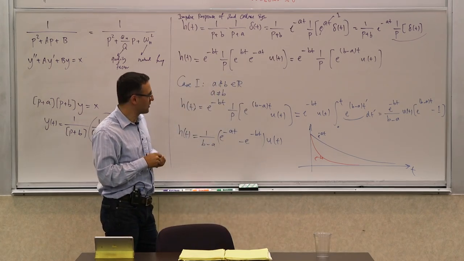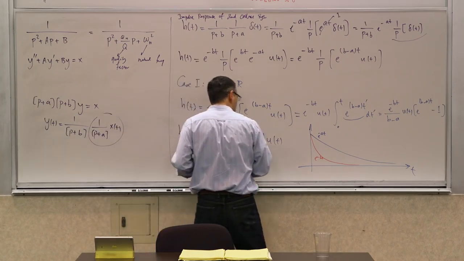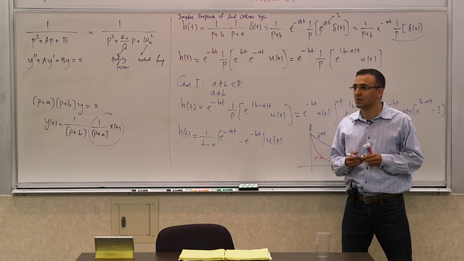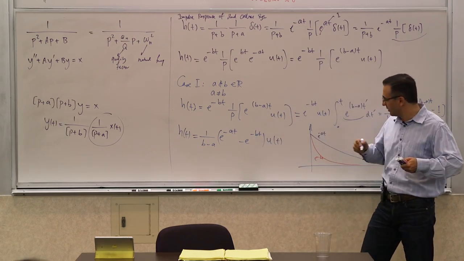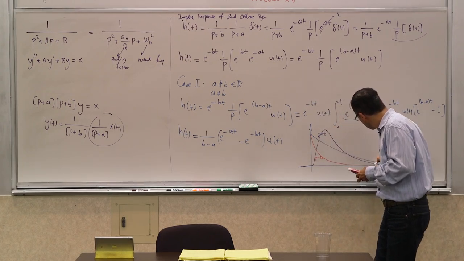So it's a difference of these two. How will that look? At t equals 0, what is it? 0, right? So the impulse response of this thing goes up and exponentially goes down.